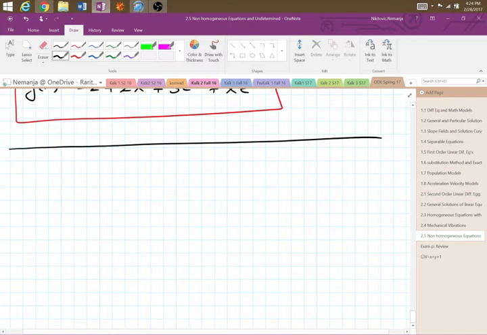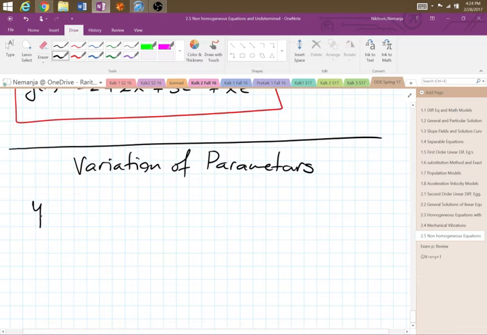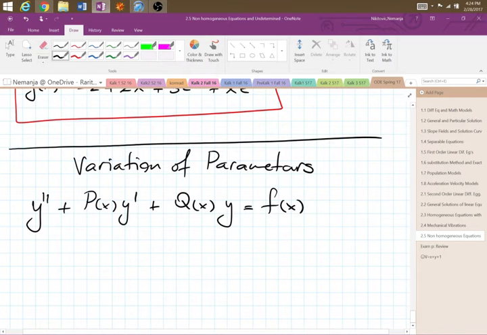All right, so let's take a look at variation of parameters. Where do we start? Well, we have our good old y double prime plus p of x y prime plus q of x y is equal to some force function f of x.